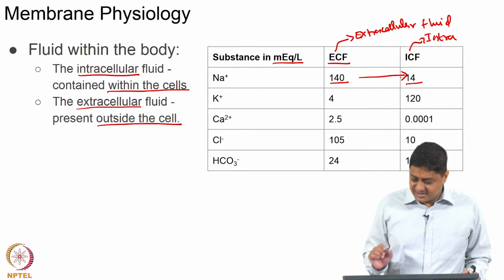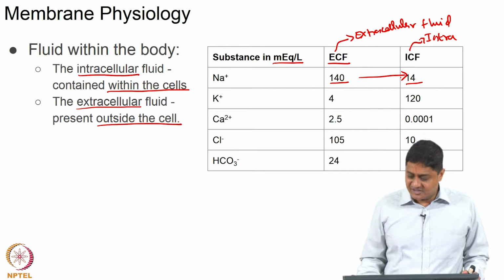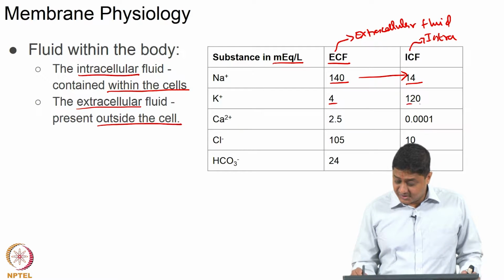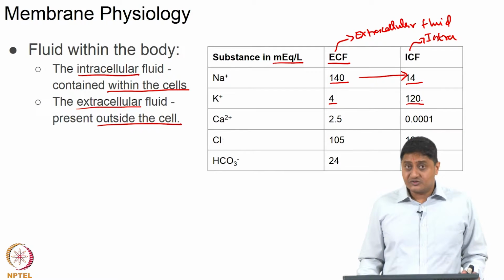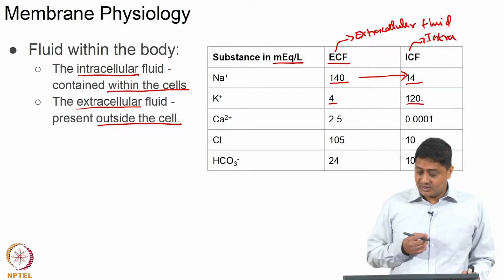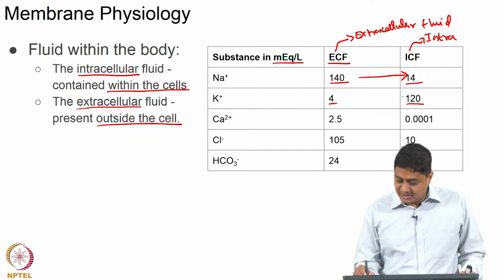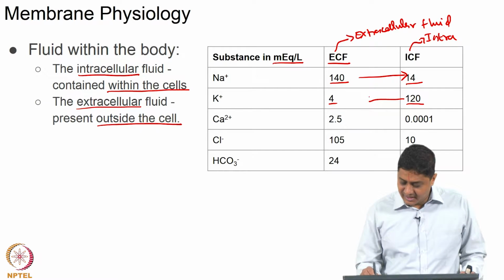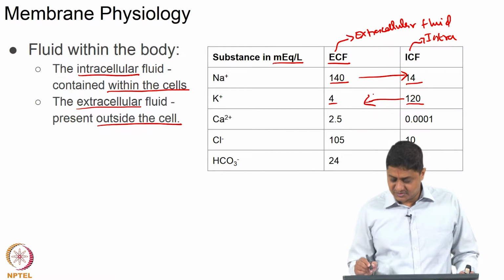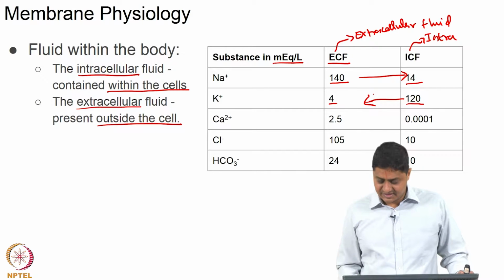So, potassium is present in very small quantities outside the cell and a relatively large quantity inside the cell. So, once again there is a gradient, and suppose there is a channel that allows transport of potassium, it is going to be transported in that direction unless there is an expense of energy. So, note the arrow mark in this case.